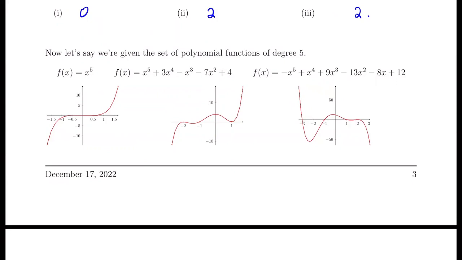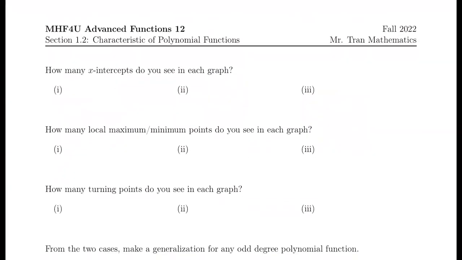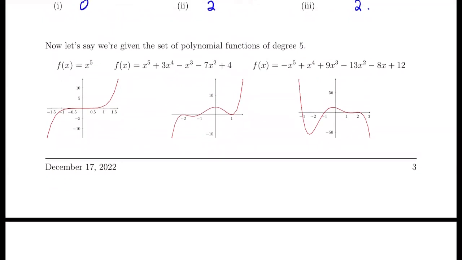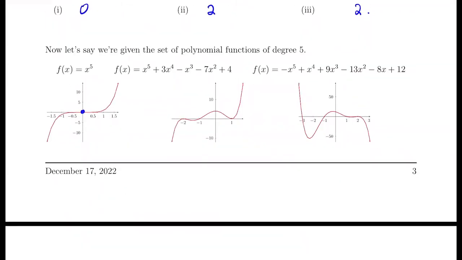So doing the same thing again, let's see how many x-intercepts we see in each graph. If we quickly look at the graph, here's 1. So we have 1 x-intercept here. And in the second graph, we would have 1, 2, and 3 x-intercepts.